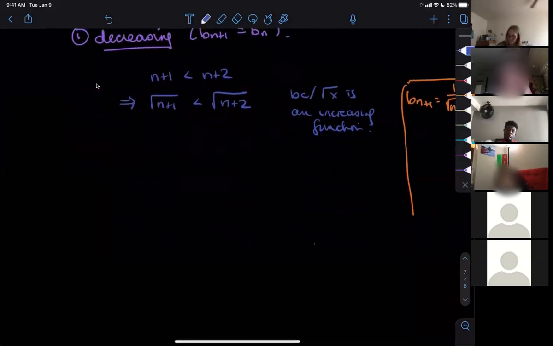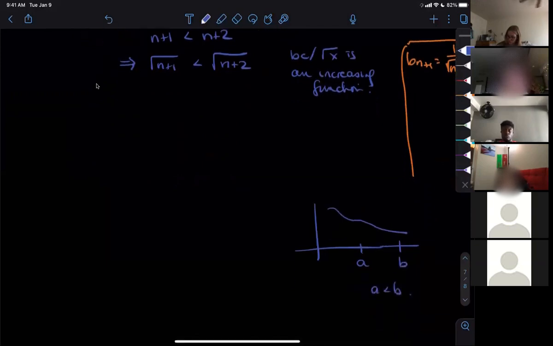Okay, so if I had a function that was decreasing, if a was less than b, then f of a would be bigger than f of b. Does that make sense?